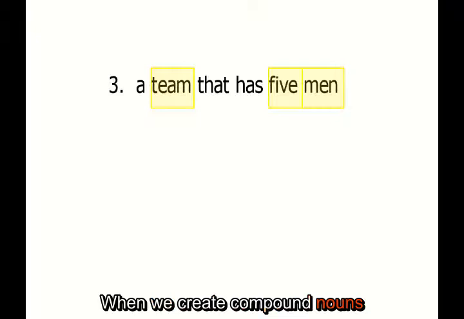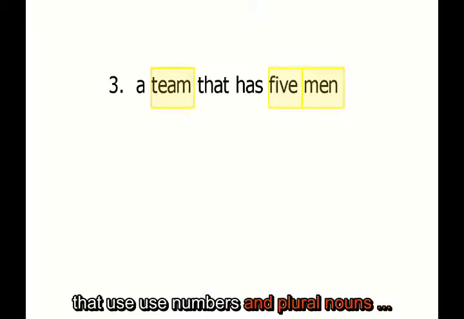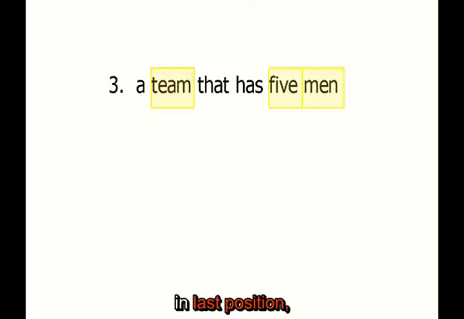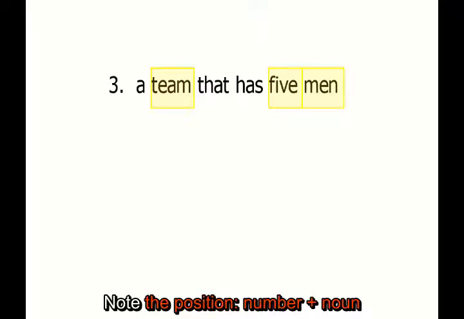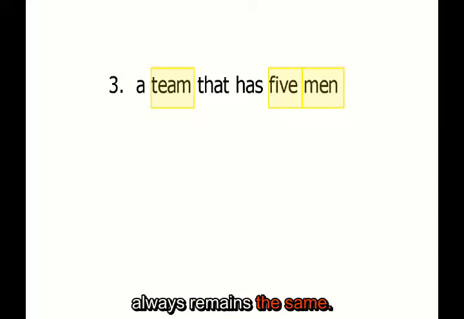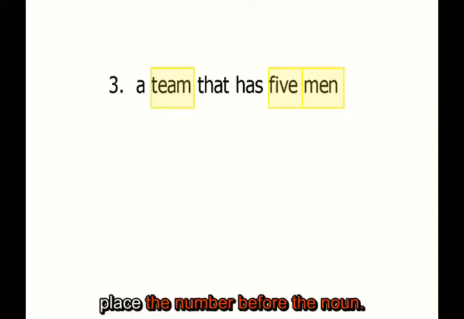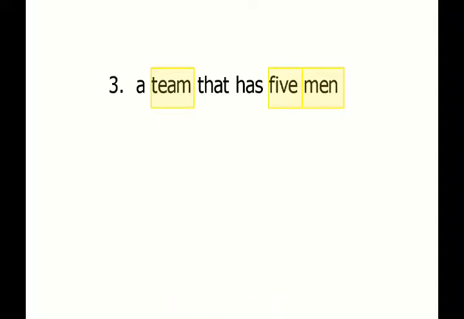When we create compound nouns that use numbers and plural nouns in last position, we must convert the plural noun into a singular noun, but the number will remain the same. Note the position number plus noun always remains the same. So, place the number before the noun.